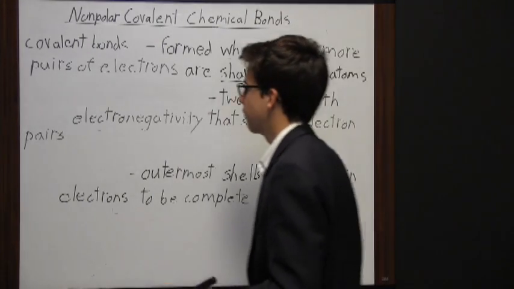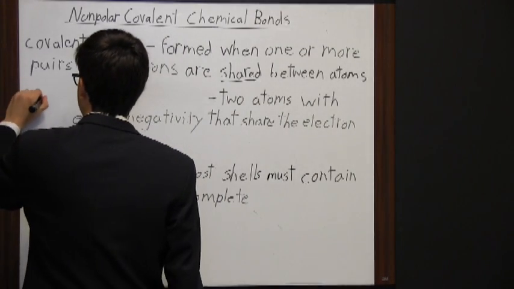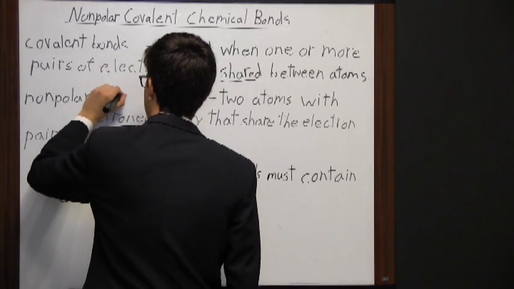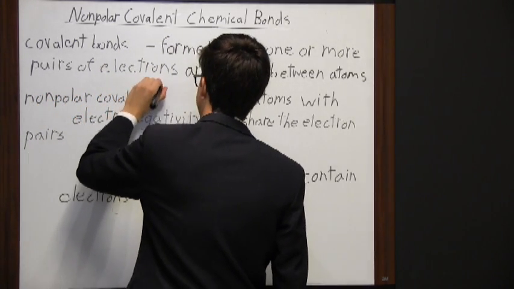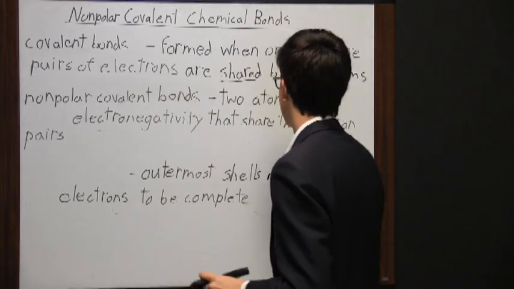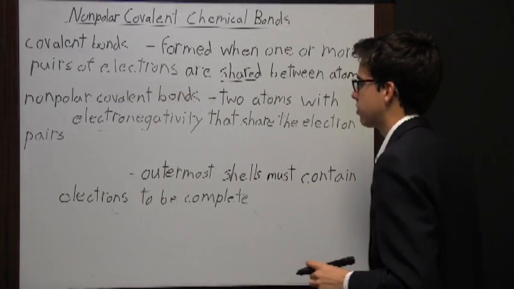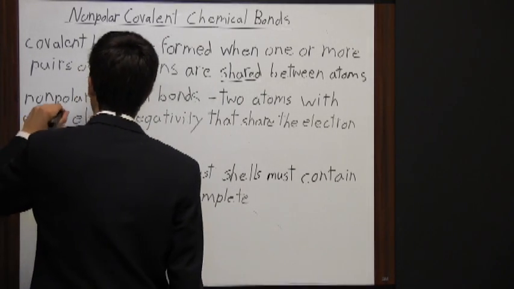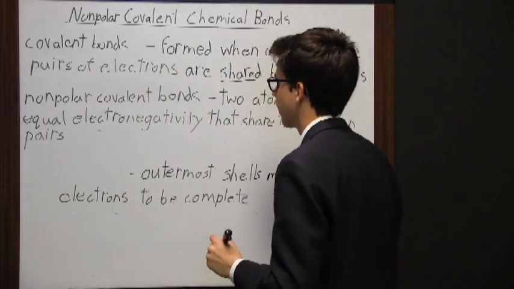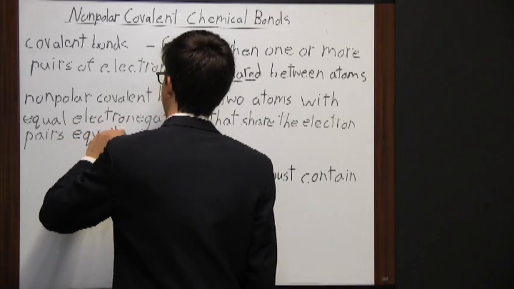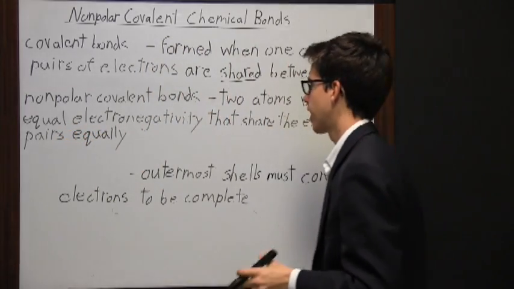Now we can take that a step further, and we have something called nonpolar covalent bonds. I have a couple of blanks to fill in on this definition. Two atoms with equal electronegativity that share the electron pairs equally. So that's what nonpolar covalent bonds are.